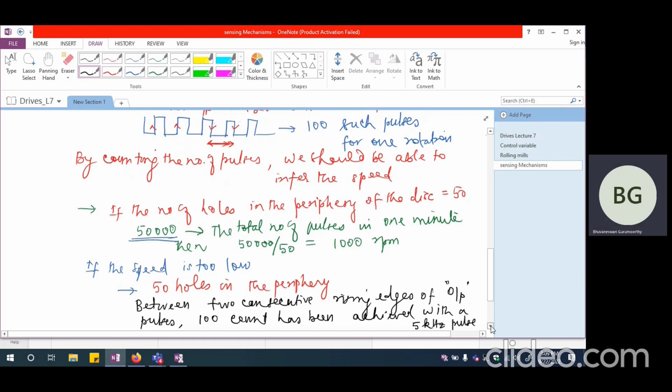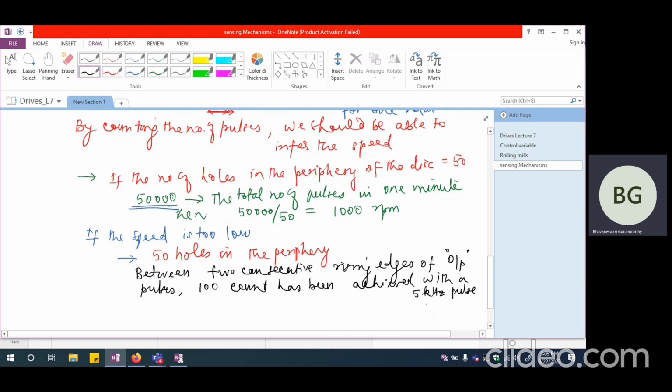So let us say I have a clock using which I'm emitting a 5 kilohertz pulse, and I'm counting that, and 100 counts have been achieved. In that case, I should say 100 pulses from 5 kilohertz frequency.